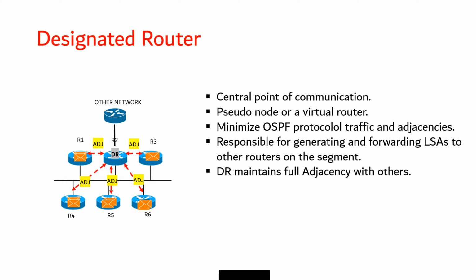It collects LSAs from all the local routers and relays them to the appropriate destination. So the DR maintains full adjacency with all the other routers on the segment, ensuring efficient distribution of routing information.